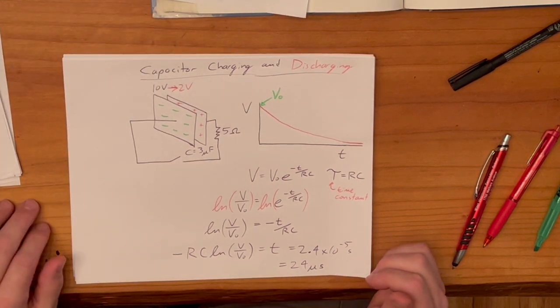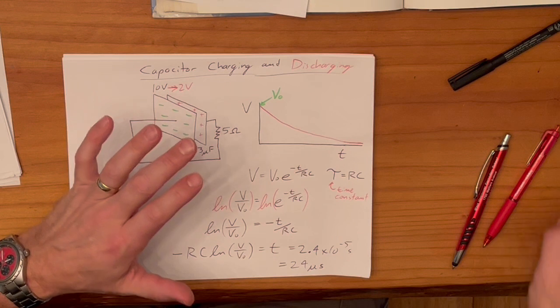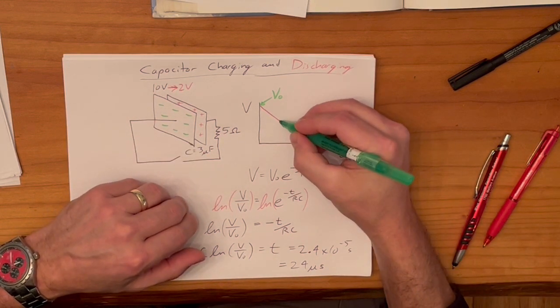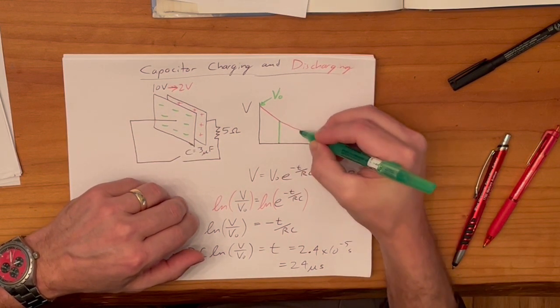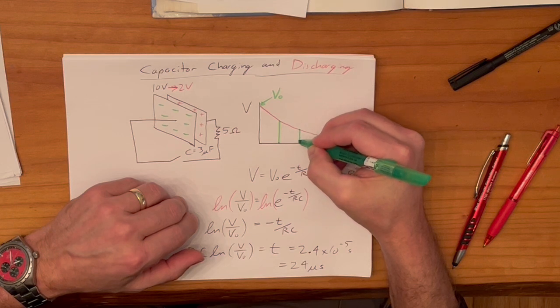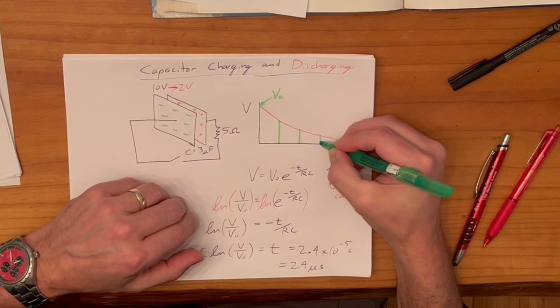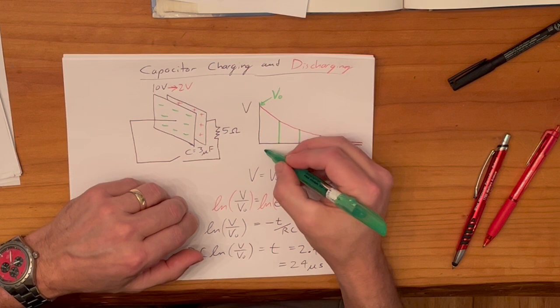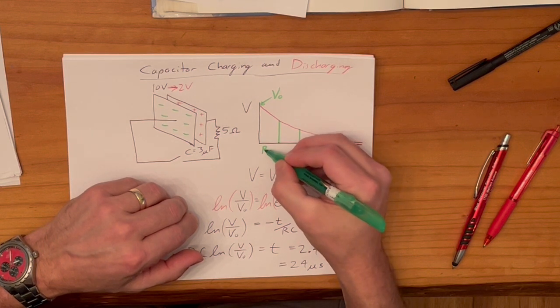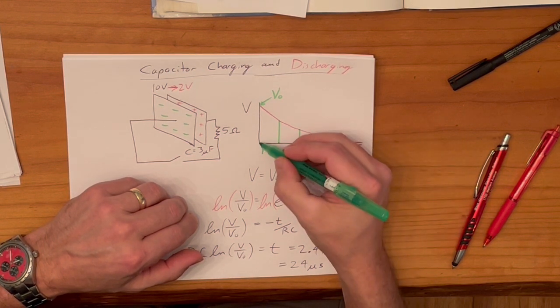Now you might say, well, what does this relationship mean? To make it a little bit easier to understand, if you put this into chunks, one of these chunks is one time constant.